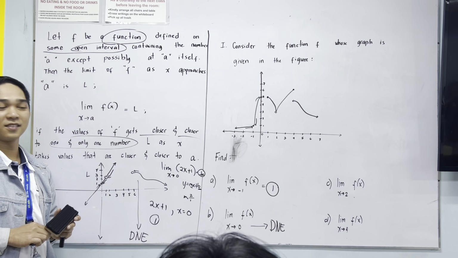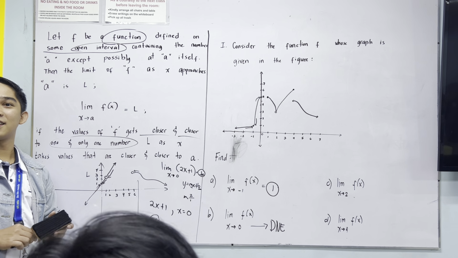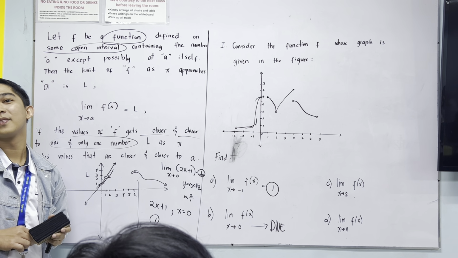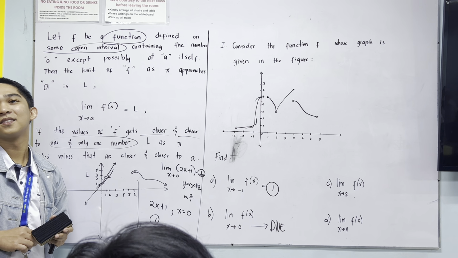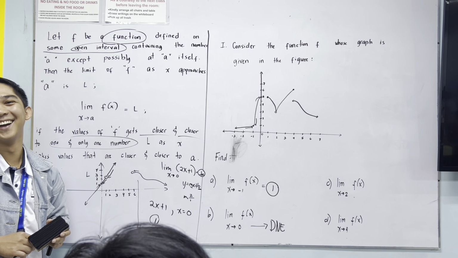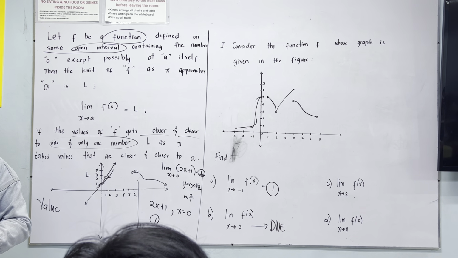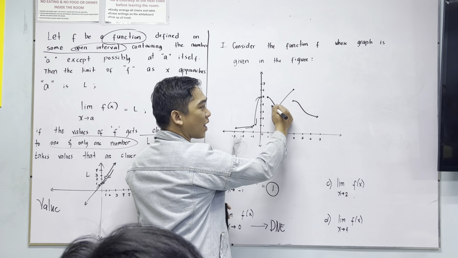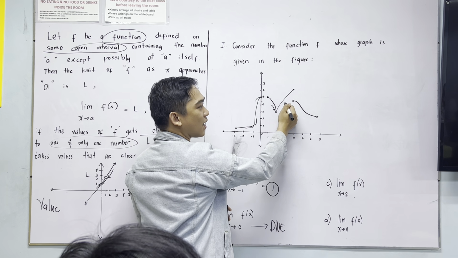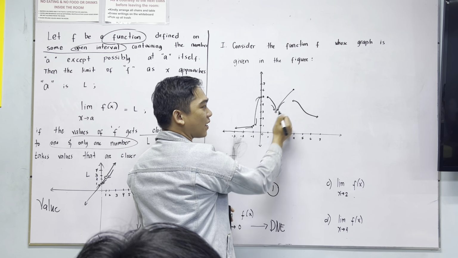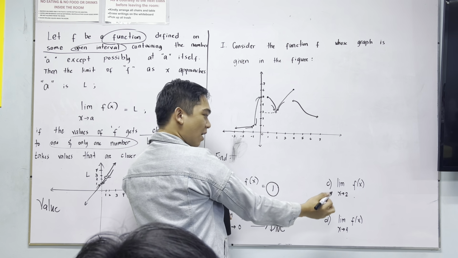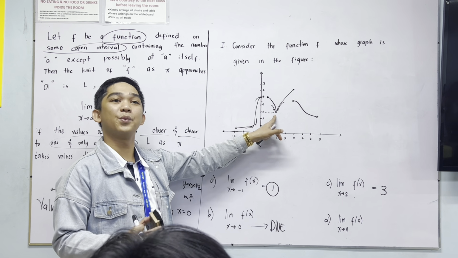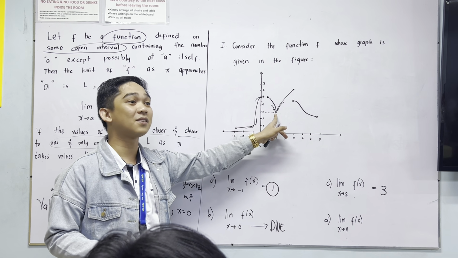Can you explain? Nilocate niya. So, nilocate daw niya. As we're approaching, andito siya. Smaller values, then closer and closer to the right. Andito siya kay 3. So, tama naman. Very good! So, this time, hollow. Ibig sabihin, hindi siya the same. Open.